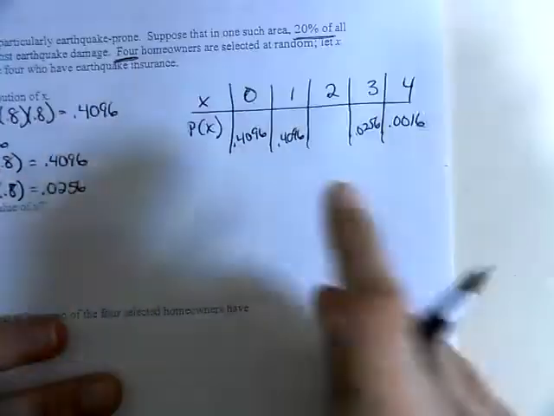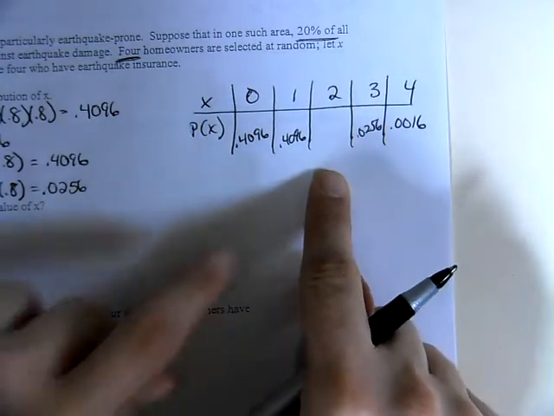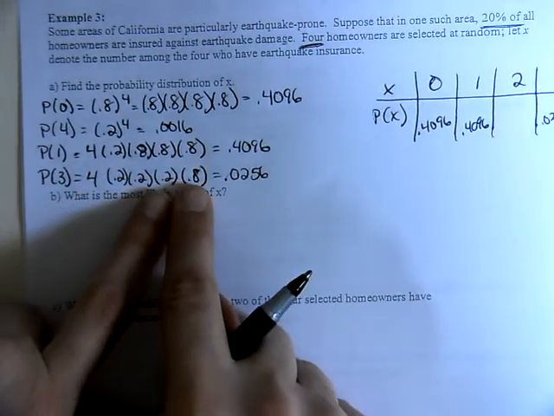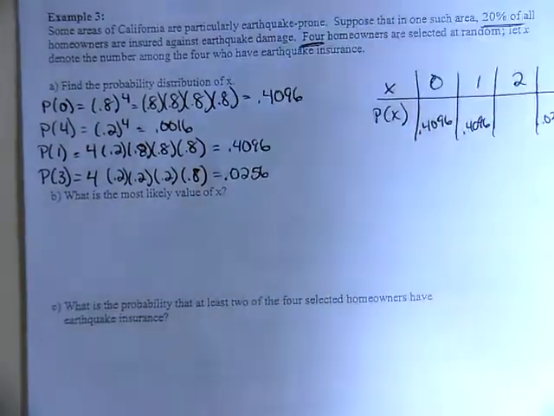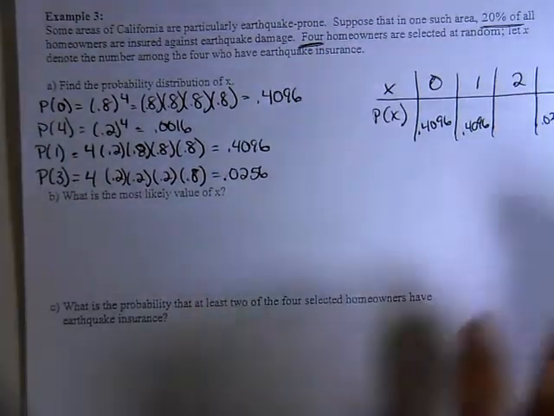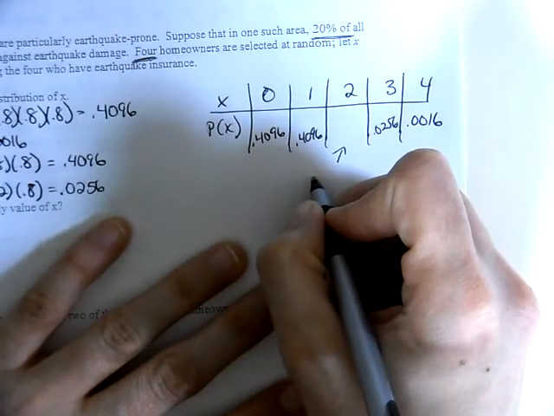Now, I strategically left 2 alone because 2 people having insurance would be 0.2, 0.2, 0.8, 0.8, but then you have to figure out how many different combinations that could be. We'll get to that later in the chapter when we get to 7.4 and 7.5. But for today, when you're doing probability, keep the middle for the end.